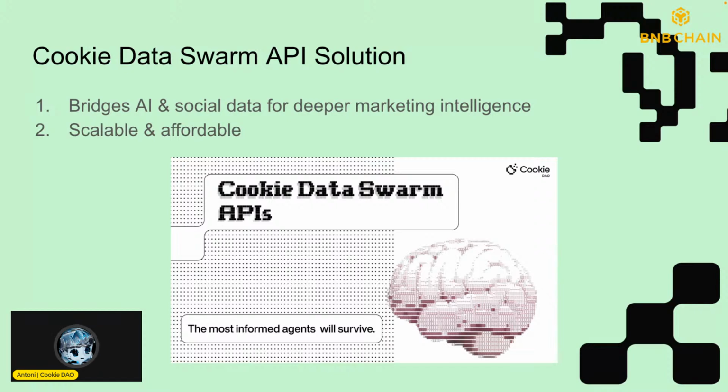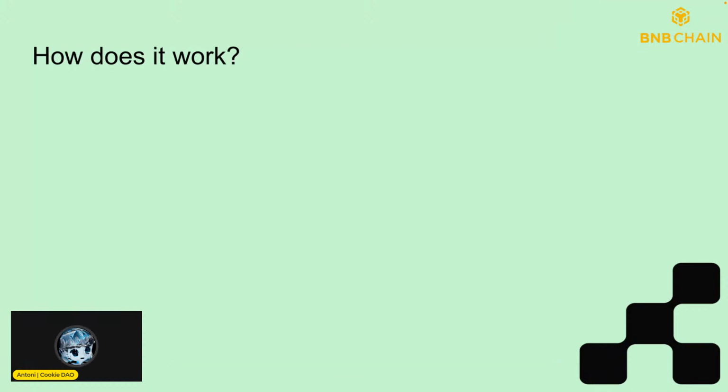What's more, it's scalable and affordable. As most devs in crypto know, the Twitter API is very, very expensive. We are trying to make this barrier way lower, so there's more innovation in the space.